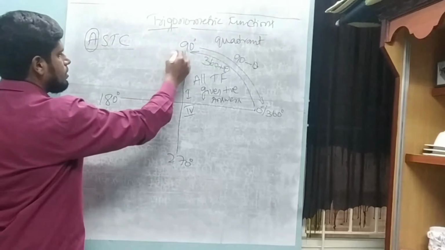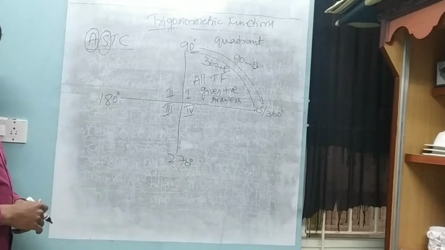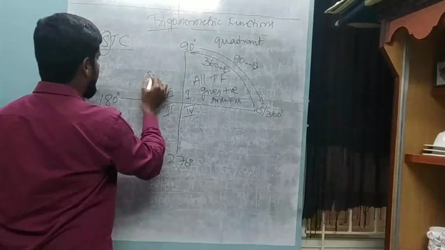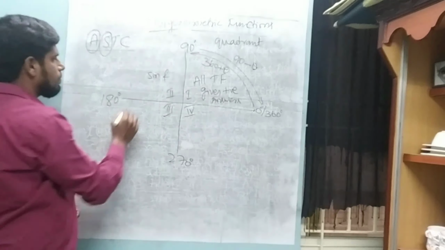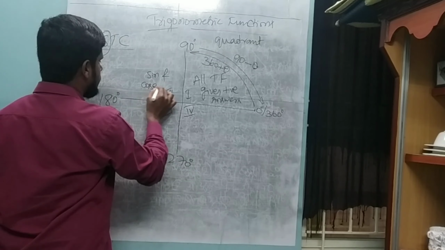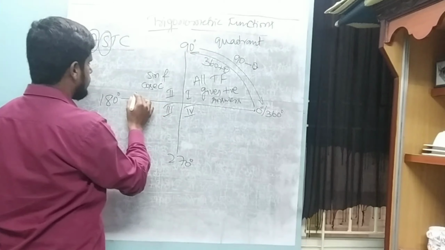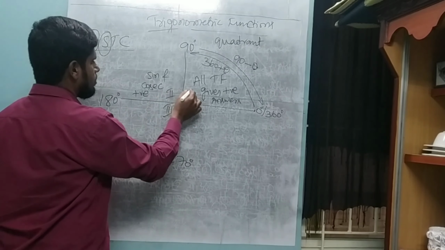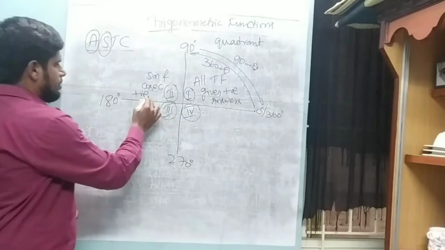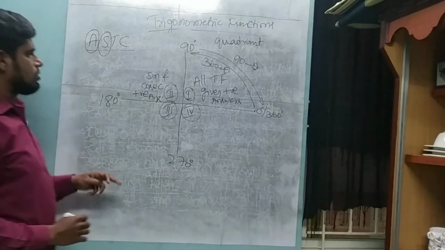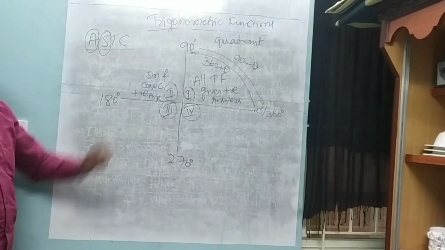Next, the second quadrant. In the second quadrant, the second alphabet is S, S for sine. Sine and its reciprocal. What is the reciprocal of sine? Cosecant. Sine and cosecant give positive answers. This is the first quadrant, second, third and fourth. Students, the sine function and cosecant function give positive answers in the second quadrant.